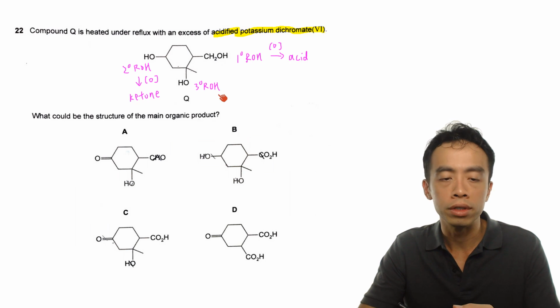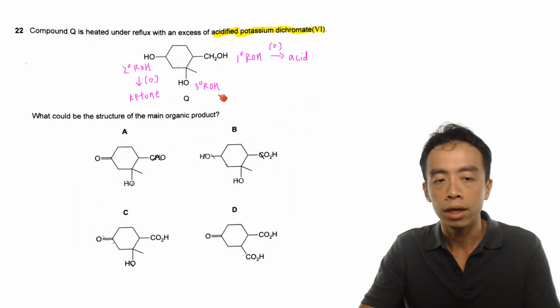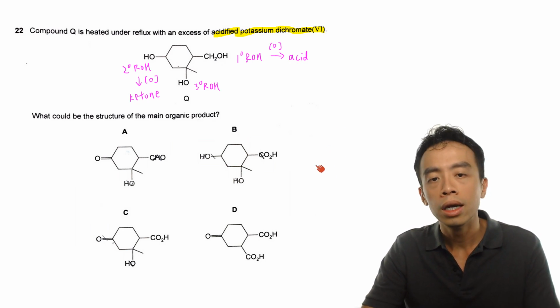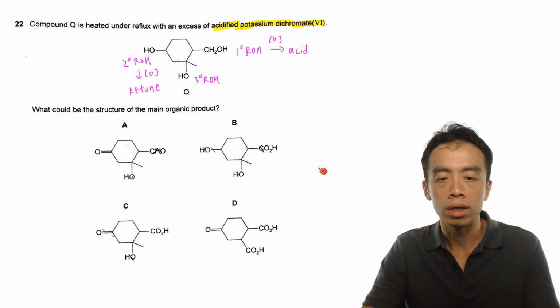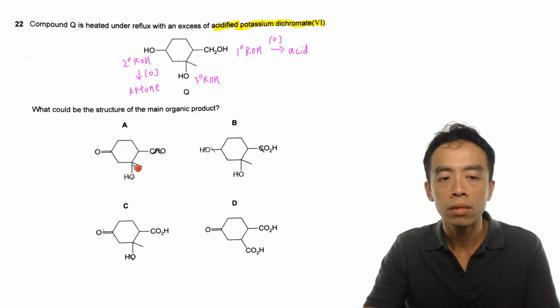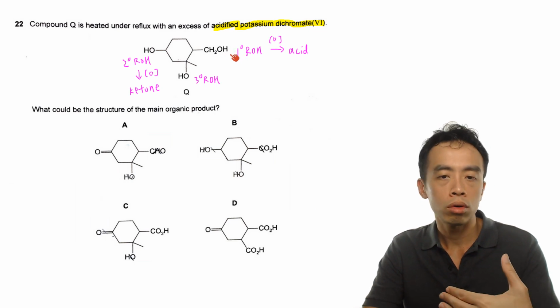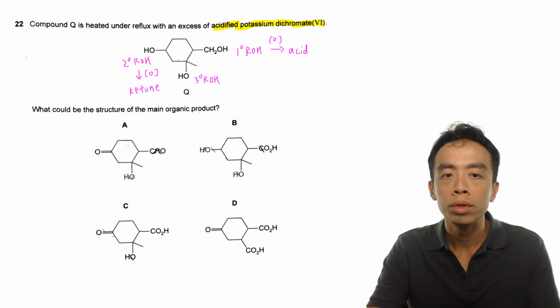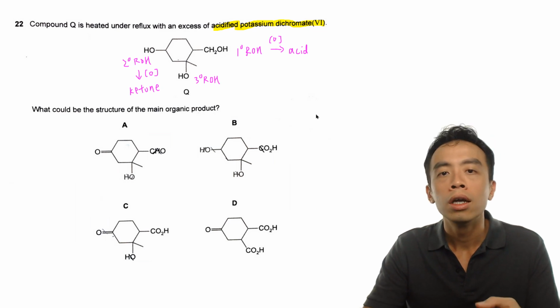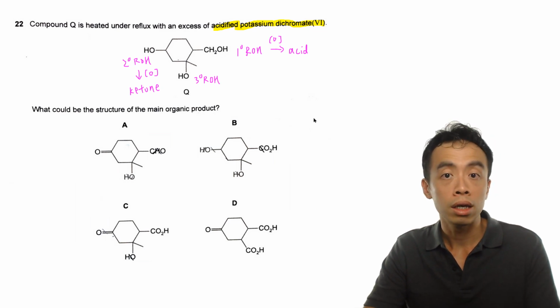So more or less we can figure out the product. Then let's run through options A, B, C, D, and we see which one is our answer. The primary alcohol has to be oxidized to acid. So we look out for acid functional groups, and the products that don't have an acid functional group, we will rule out.